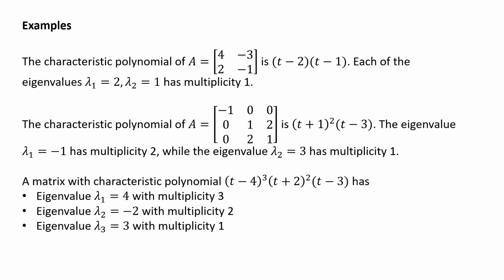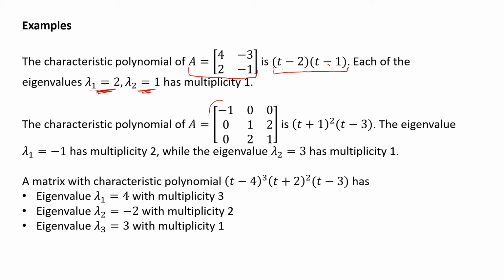So what does this mean? For instance, here's your matrix A. You figure out the characteristic polynomial of this, you're going to boil it down to that. That means it has two eigenvalues, eigenvalue of 2, eigenvalue of 1. Each of those terms only appears once in that polynomial. That means they each have multiplicity 1.